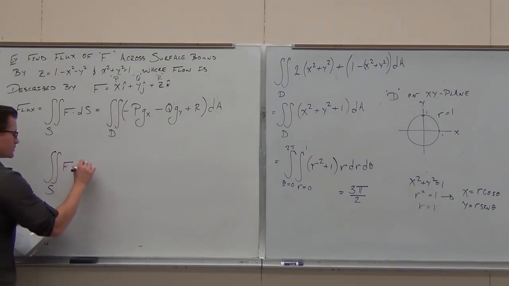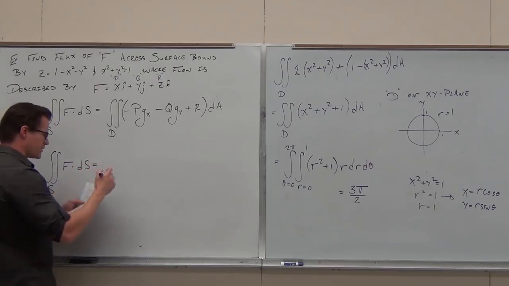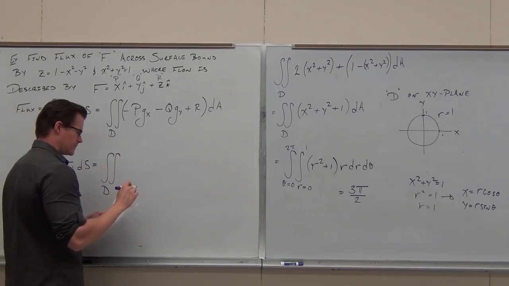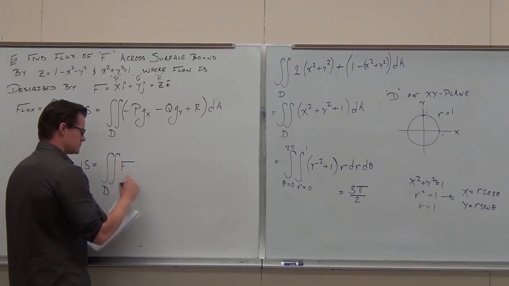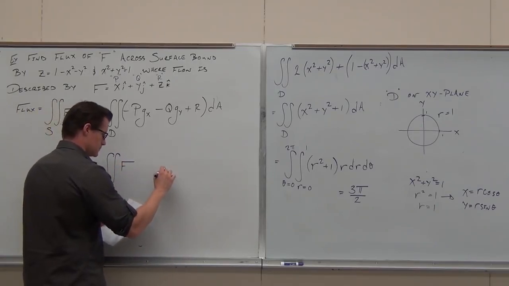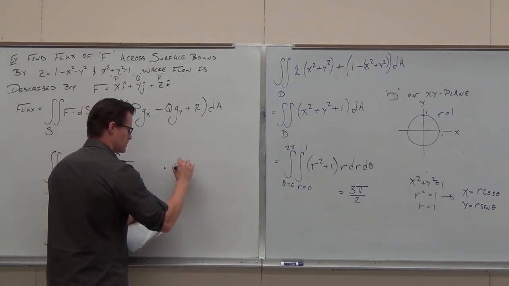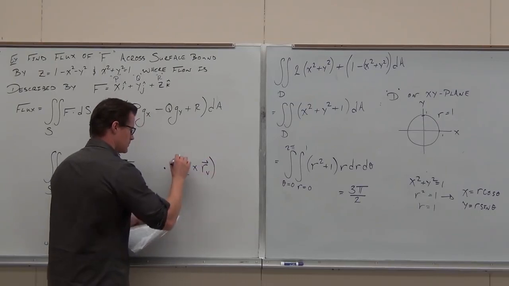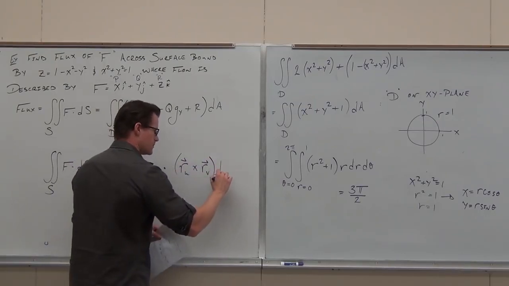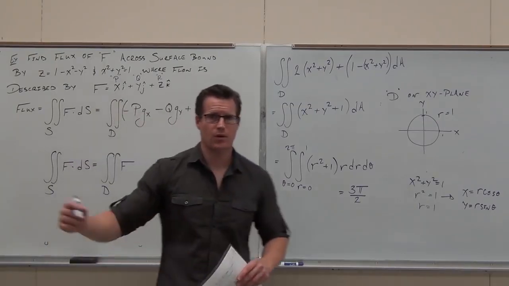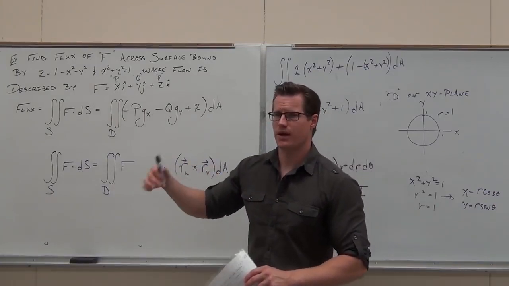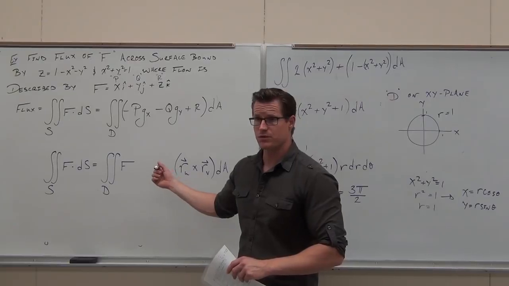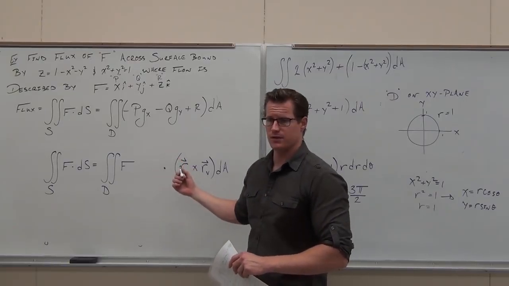I want to do it now because I'll have all your brains kind of wrapped around it. Does that look familiar? That part. If you have a parametrically defined surface, it's going to be a vector function with u's and v's. You find the partial derivatives. You take the cross product.